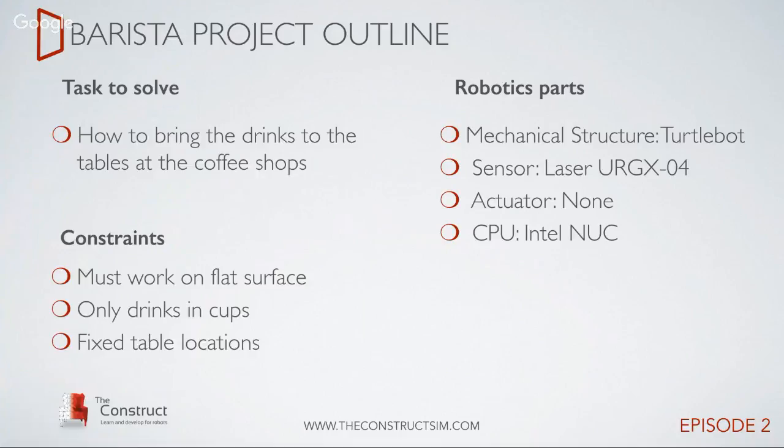Great. The next thing is the robotics parts that you can see there. So what is the minimal physical structure, including sensors, actuators, and computer power, that you will need in order to solve that task? That's what you have to think about.